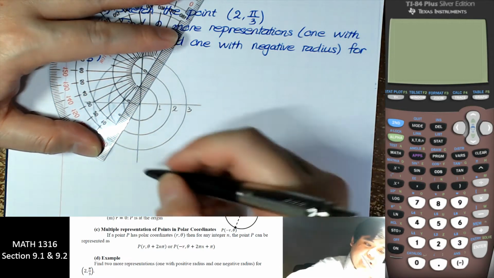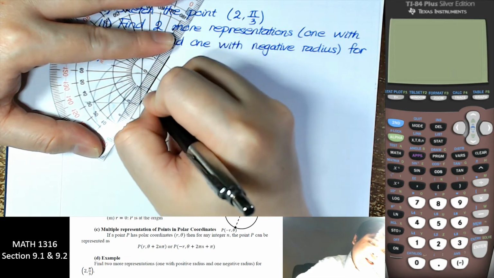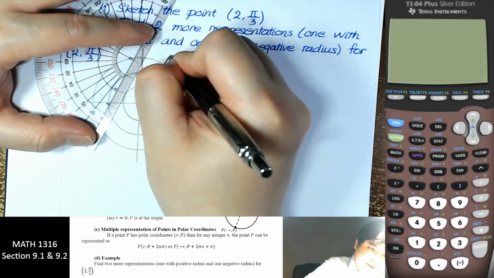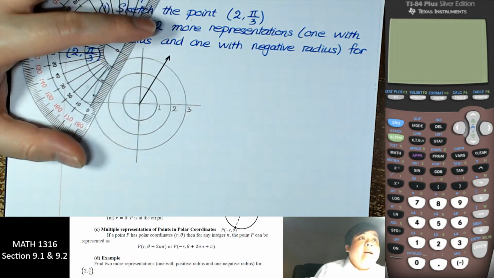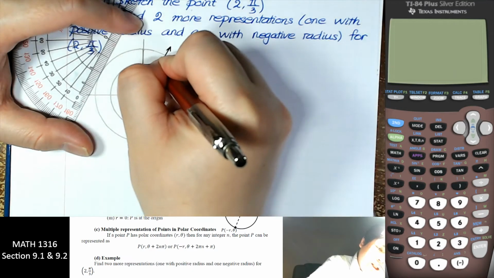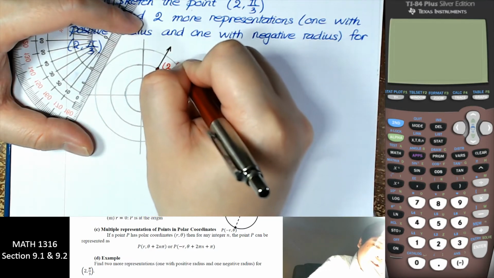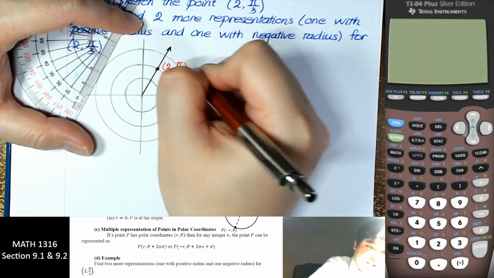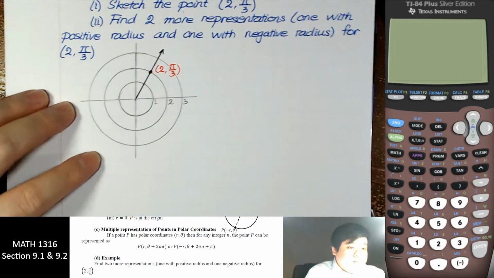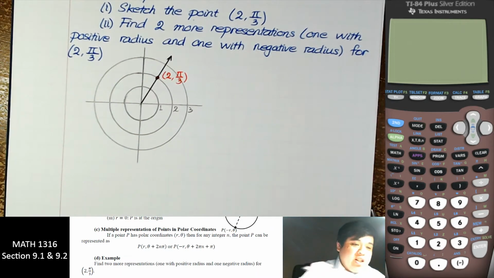What we have here is the terminal ray. On that, we have the point. The radius is 2, the angle pi over 3. So that is the point (2, pi over 3) right there. Pi over 3 is 60 degrees, so that's what we have. So that's the first part. We sketched the point, which is good.